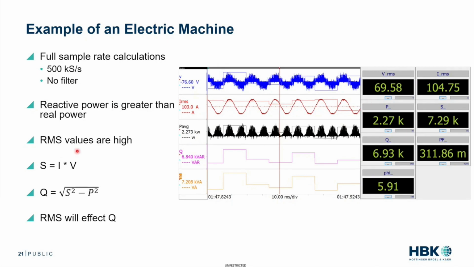And if we run through and do all our calculations, S equals IRMS times VRMS, Q equals the square root of S squared minus P squared, we get the given values you see. 69 volts, 104 amps, 2.27 kilowatts, but absolutely huge apparent power and reactive power. We can see that we've got 7.9K VA and 6.9K VAR, low power factor for a relatively small phase angle.